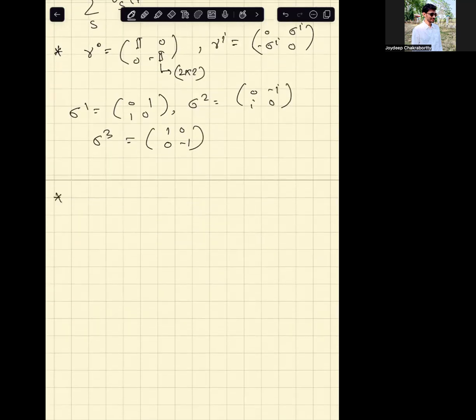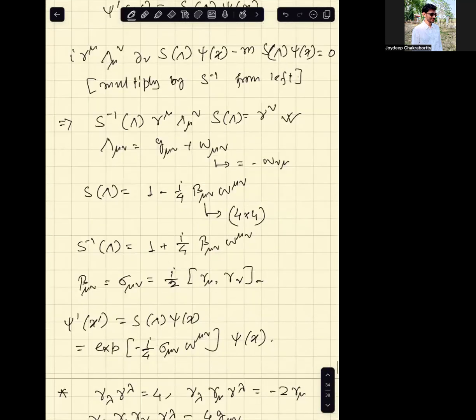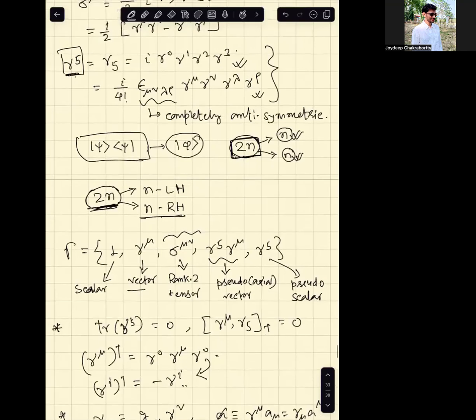Okay, so one small task I would like to give you: calculate gamma 5 in this representation. So you know the gamma i's now, right? Gamma 0 you know. I have defined earlier how gamma 5 looks in terms of the gamma matrices.